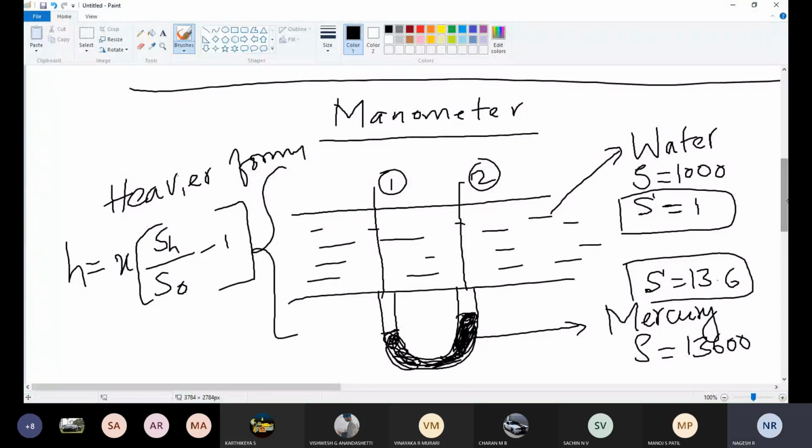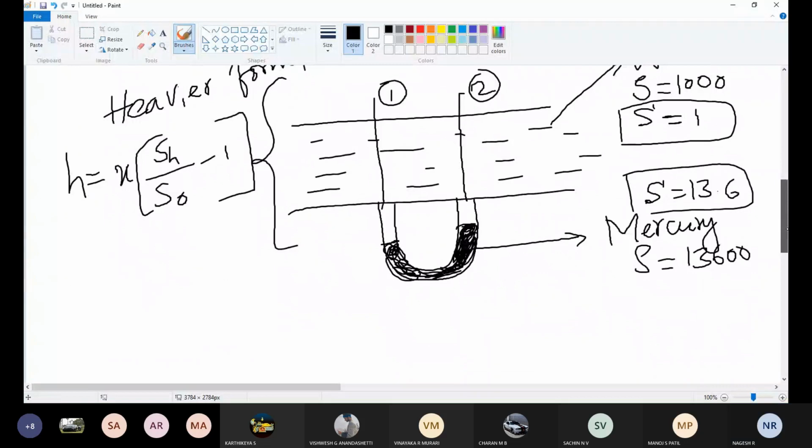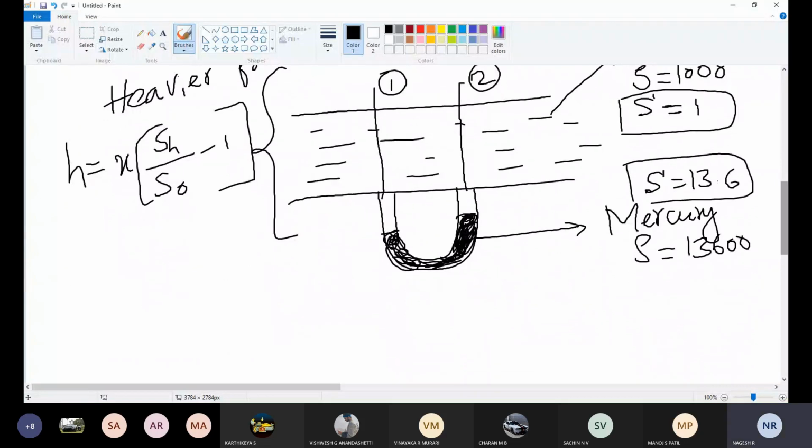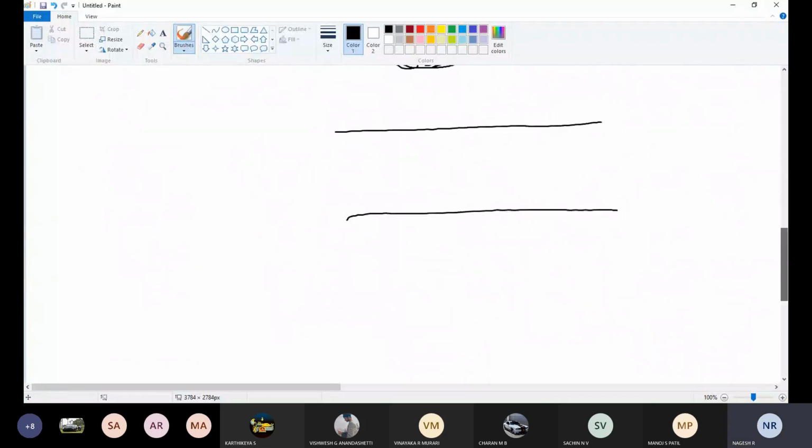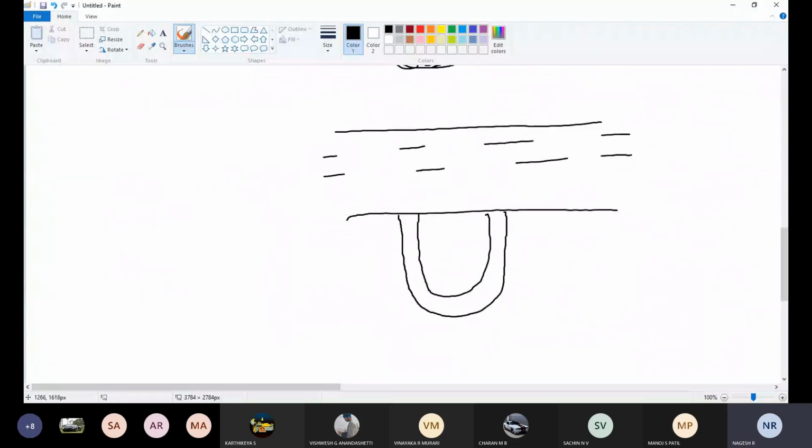Now, in the second figure I will consider the same thing. Here I will consider oil is flowing in the pipe.